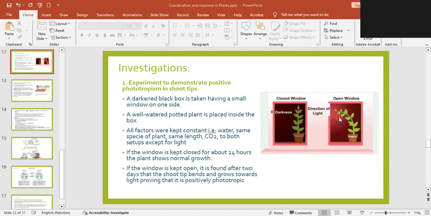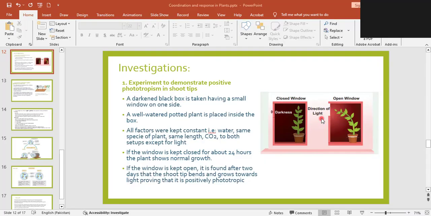If the plant bends towards the light, it means the light has an effect on shoot growth. And if there's no effect of the light and the plant grows upward regardless of the direction of the light, it means there's no effect of light on the shoot. So we can call it negative phototropism.